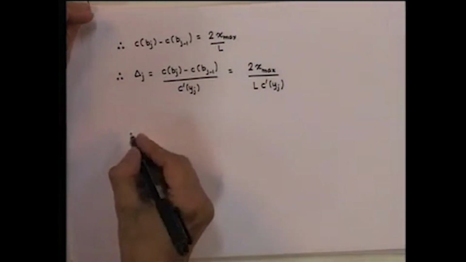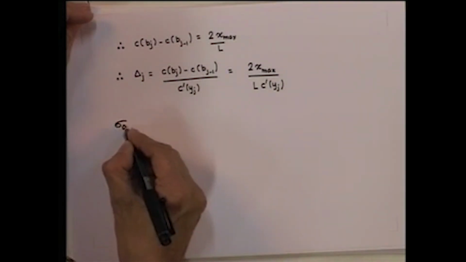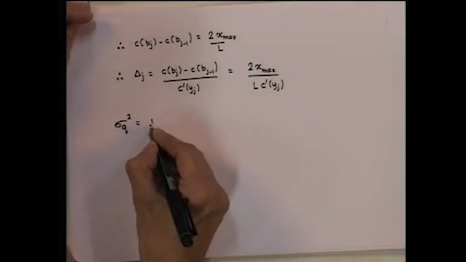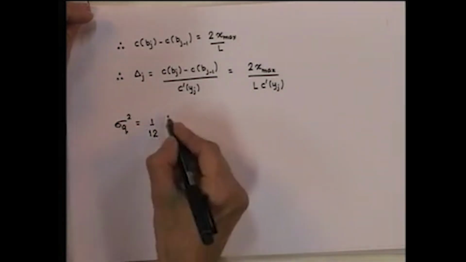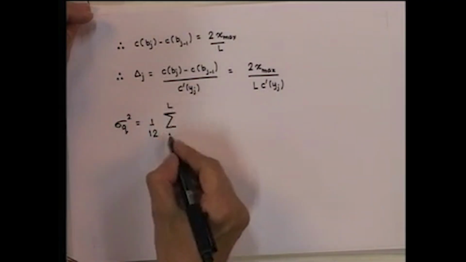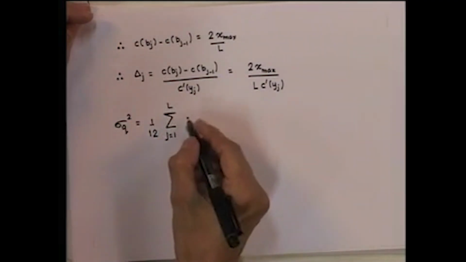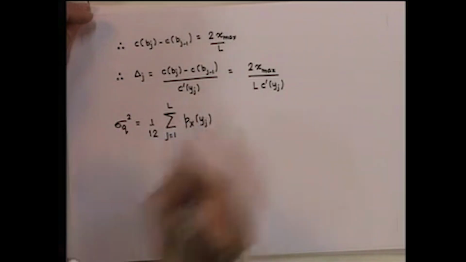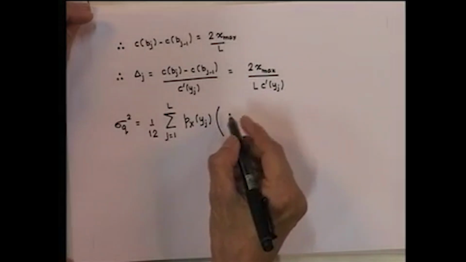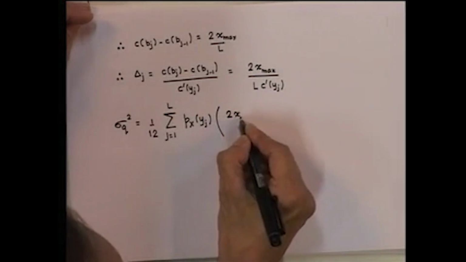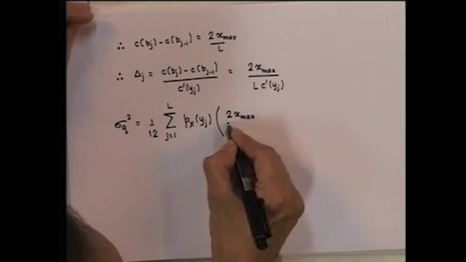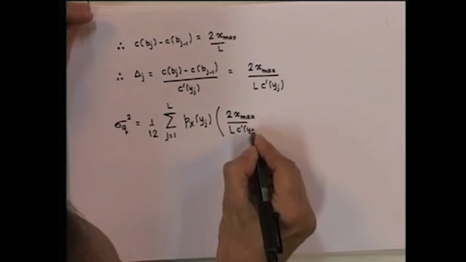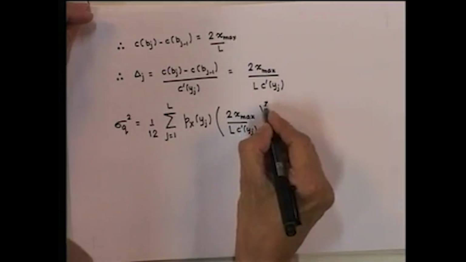Using this relationship, we can rewrite the mean square quantization error as follows: 1 by 12 summation over j equal to 1 to L, delta j cube, where delta j can be approximated by 2 x max upon L times C dash y j, whole cube.